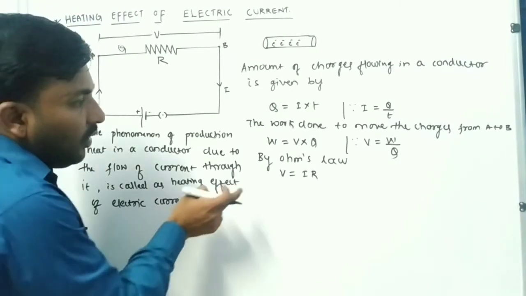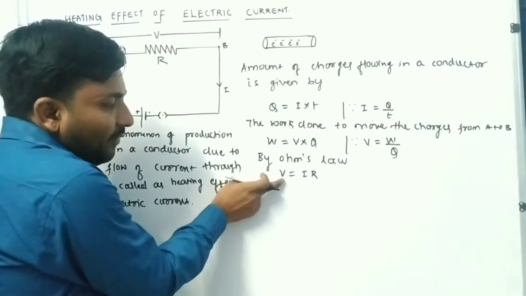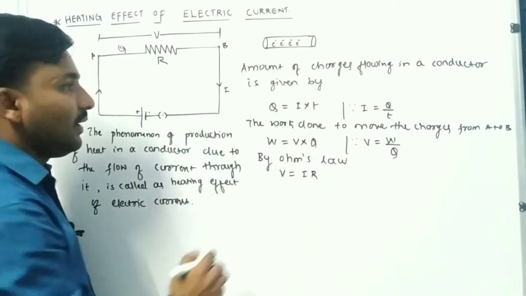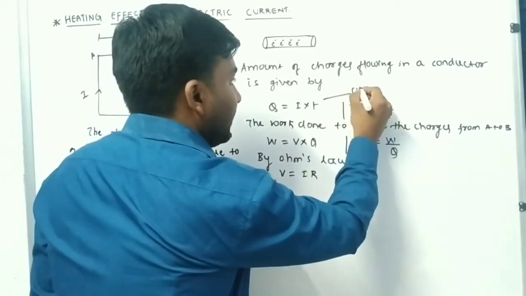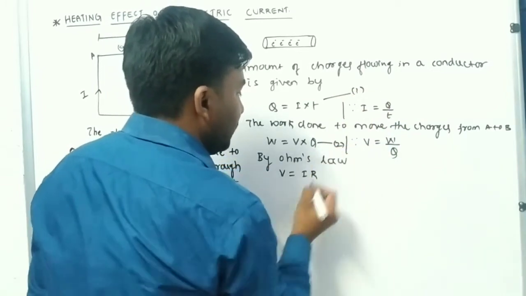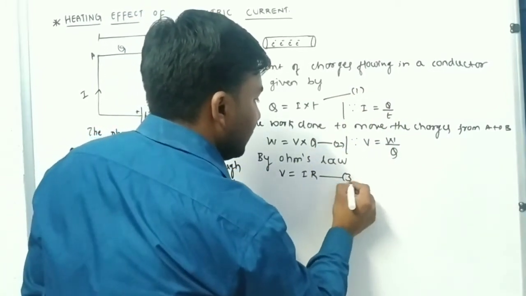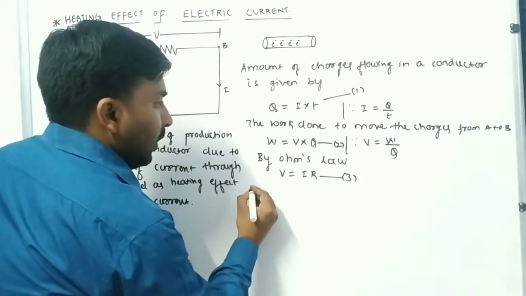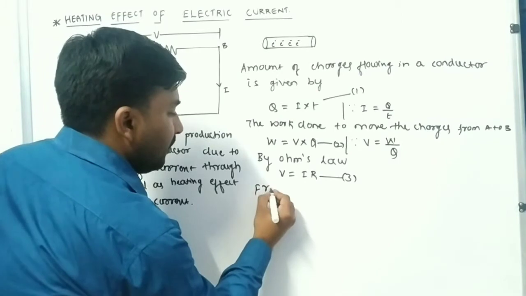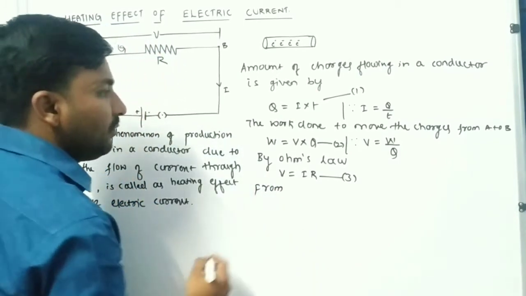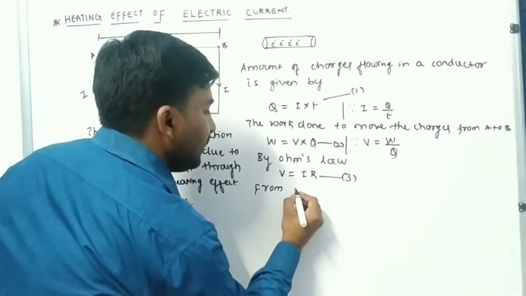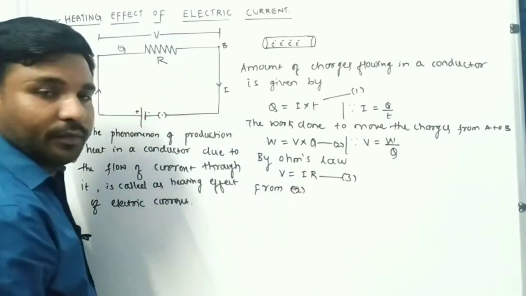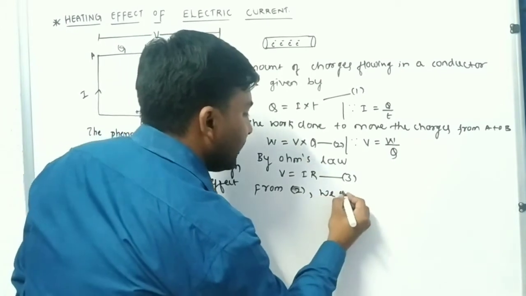Now, put this value of V is equal to I into R in the above expression. Let me call this expression 1, this is expression 2, and this one is third. Okay, right. Now, from equation 2, what do we get?